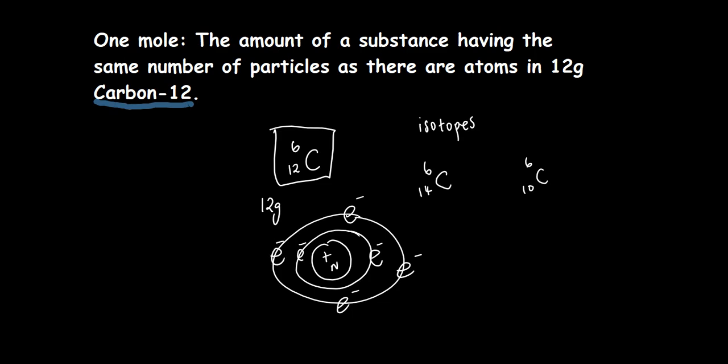So here's a carbon atom. In a 12 gram of this carbon 12, how many atoms do you have? How many atoms do you think we have in a 12 gram of carbon 12?